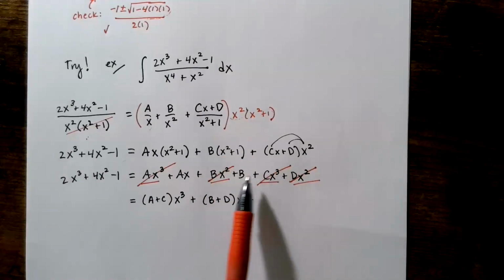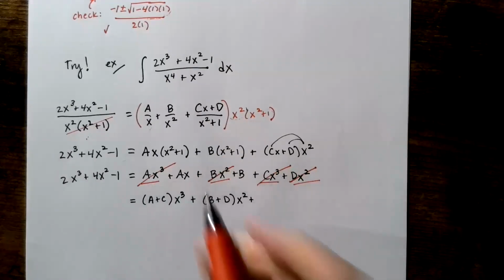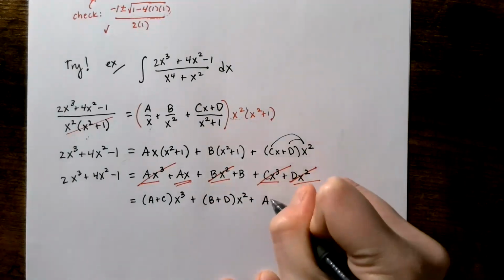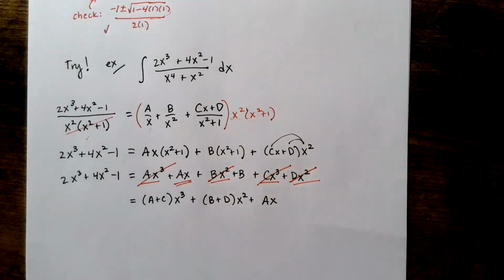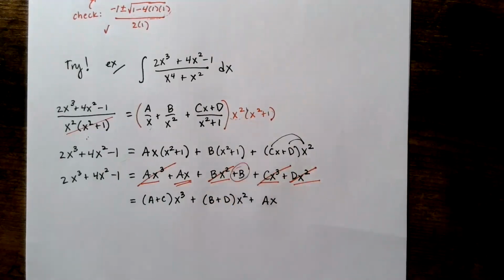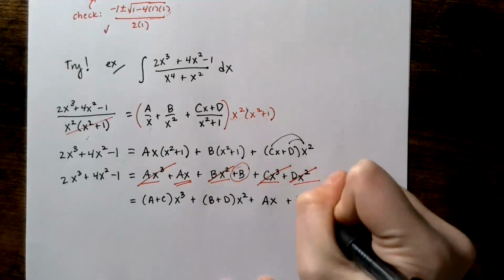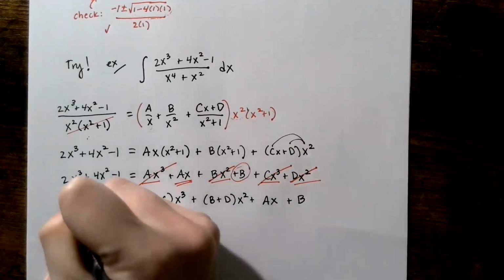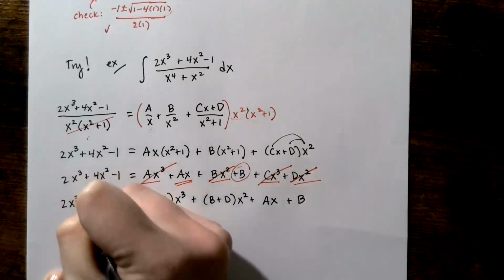The only one with an x, just a plain x, is right here, ax. So that one goes next. And then the only one that has no x's at all is this b right here. So that goes last as like its own thing. Okay, copy down that left-hand side one more time.